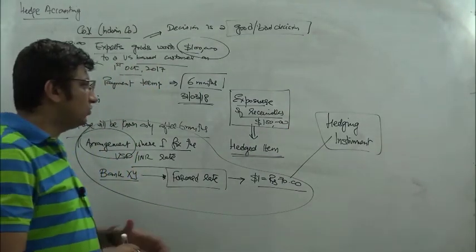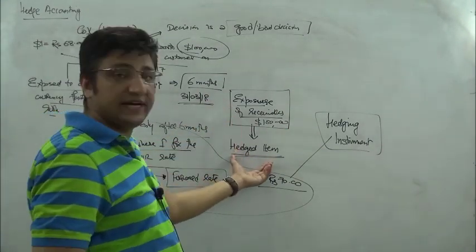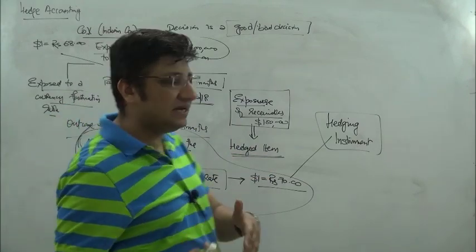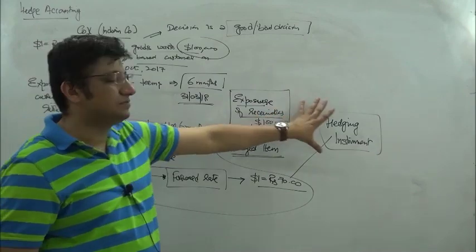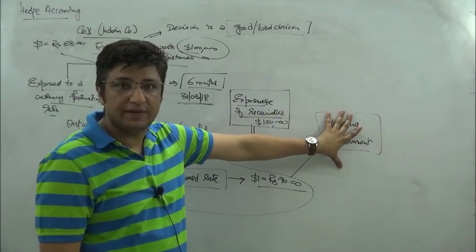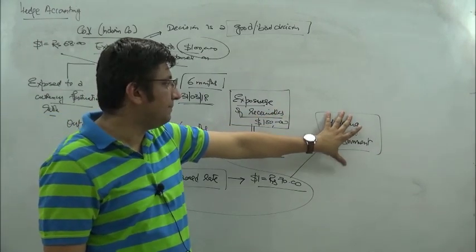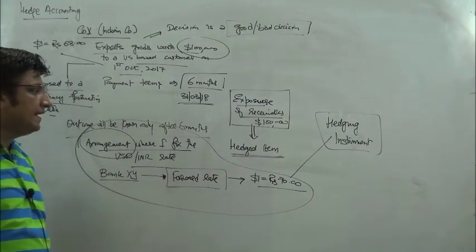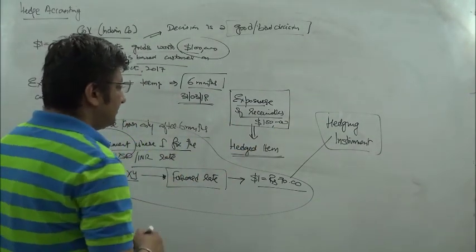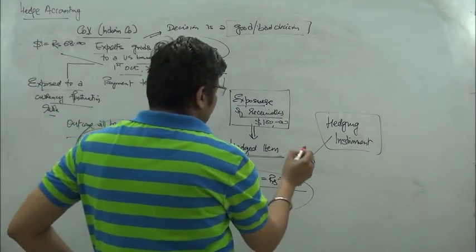Something that I'm trying to protect is the hedged item. Something with the help of which I'm trying to protect the hedged item is my hedging instrument. Sounds okay?